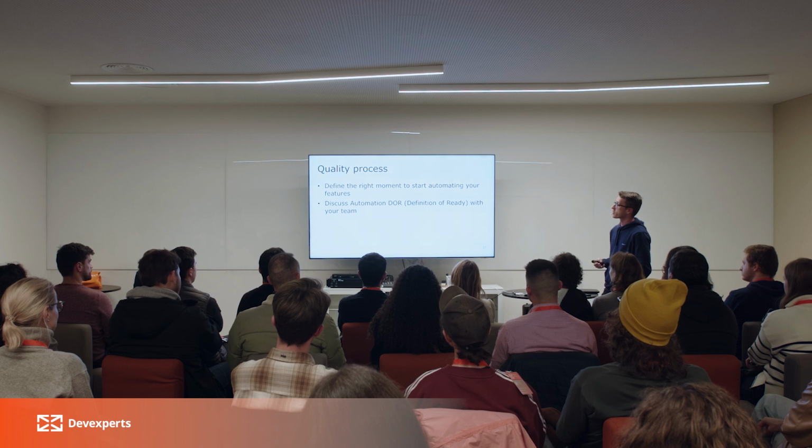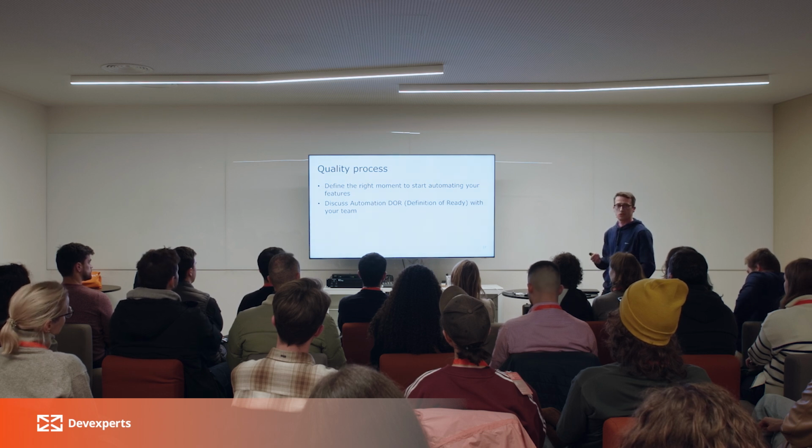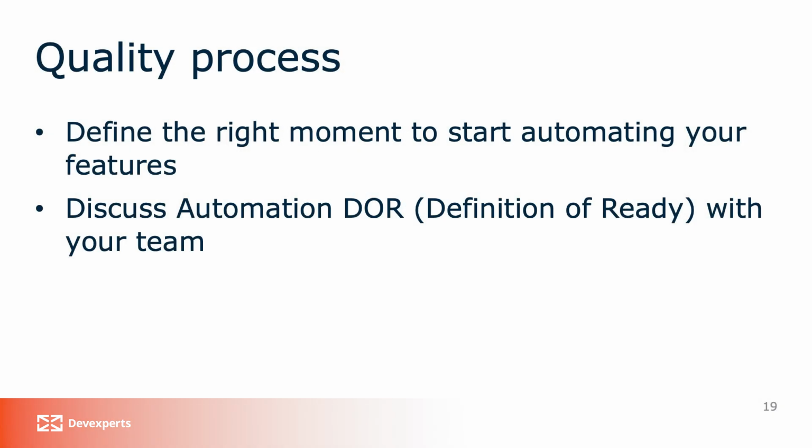It's important to understand also what is necessary to automate your feature. So I like to use this Scrum concept, definition of ready, to help the automation team discuss what they feel is important to understand and to automate one test case.